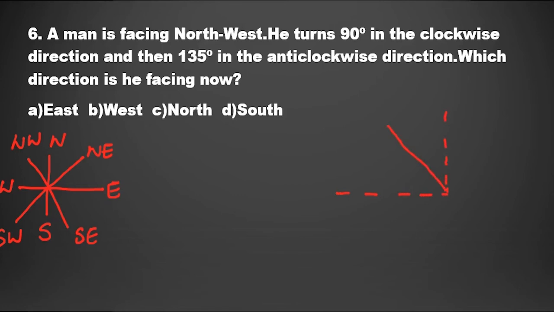Let the point be O, A. He is facing in the direction OA. He turns 90 degree in the clockwise direction. This direction, 90 degree.